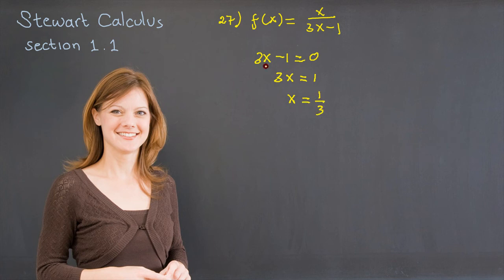So this computation says that the only way f of x doesn't make sense is when x equals 1/3. Therefore the domain of f is the set of all numbers x such that x is not equal to 1/3. So all numbers except 1/3.